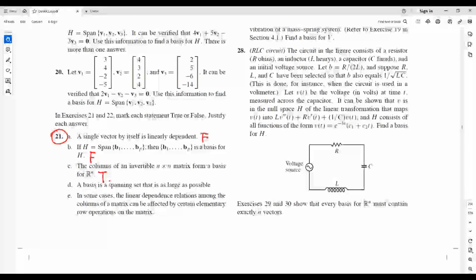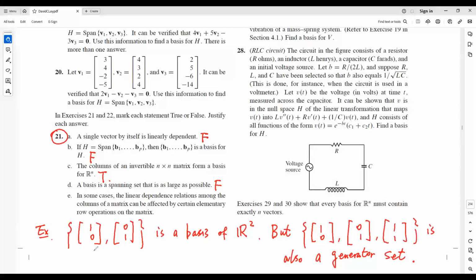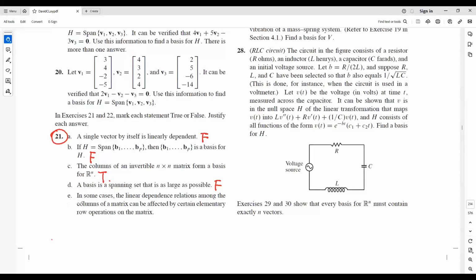D. A basis is a spanning set that is as large as possible. False. Example: these two vectors form a basis of R2, but the set of these three vectors is also a generating set for R2.